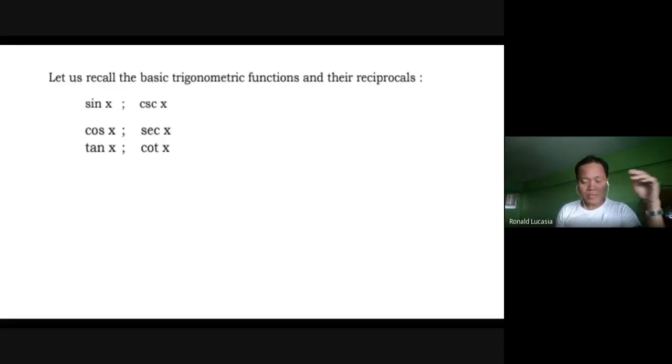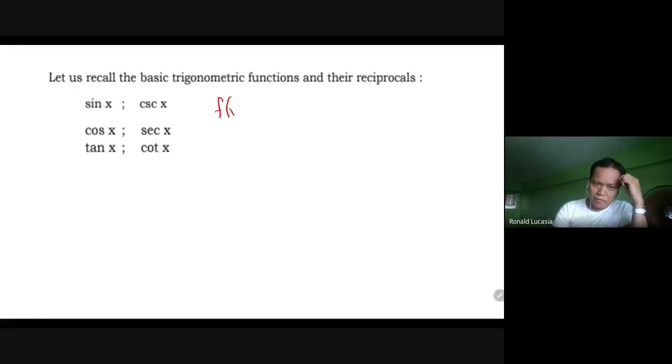So we call these the basic trigonometric functions and their reciprocals: sine x, whose reciprocal is cosecant x; cosine x, whose reciprocal is secant x; and tangent x, whose reciprocal is cotangent x.